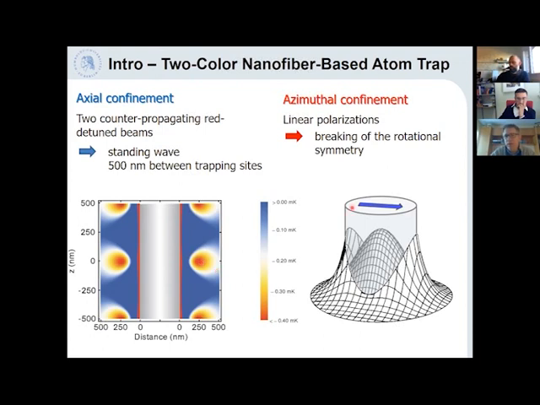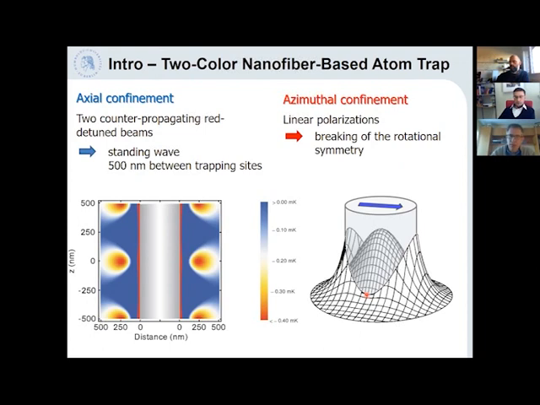So when you send linearly polarized light into such an ultra-thin fiber, then the evanescent field intensity in the plane of polarization is about 3 times higher than orthogonal to the plane of polarization.